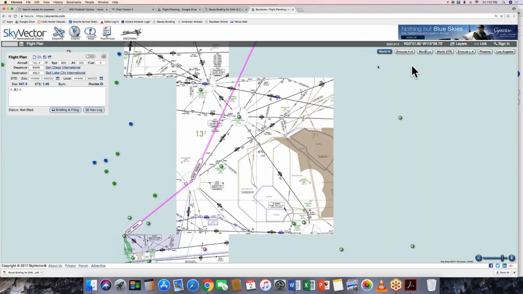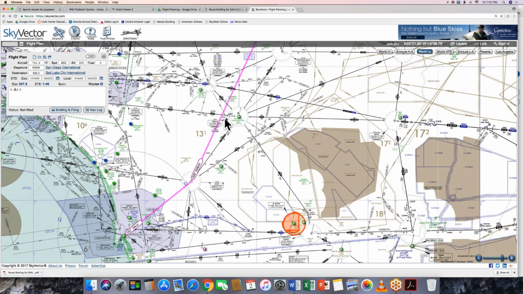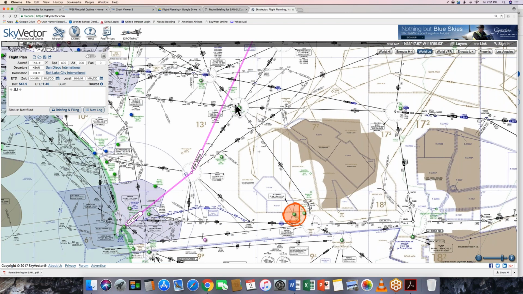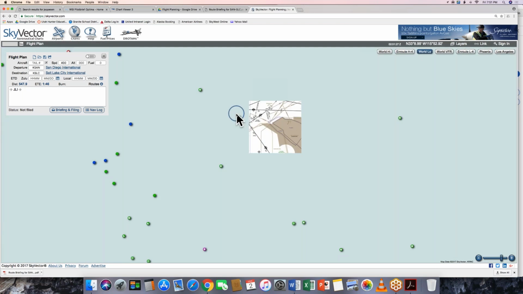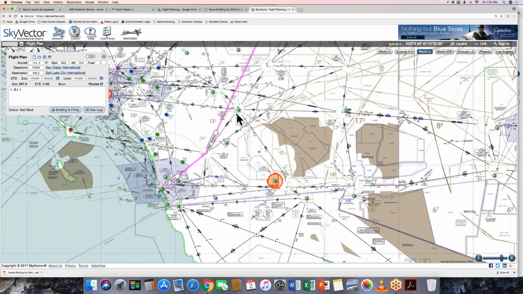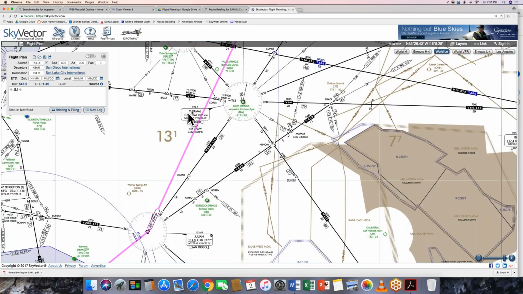So let's see if we've got a low chart. Oh, look at that. We've got Palm Springs. This is the thermal VOR, TRM.